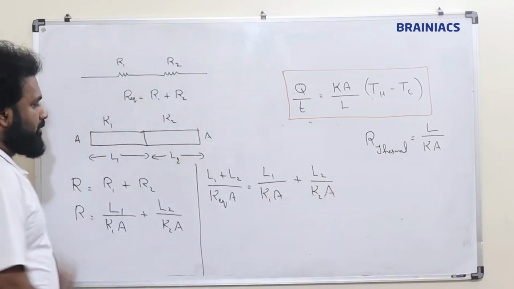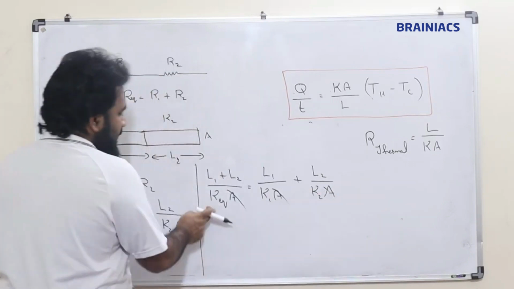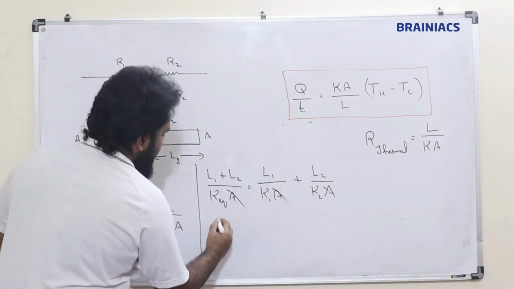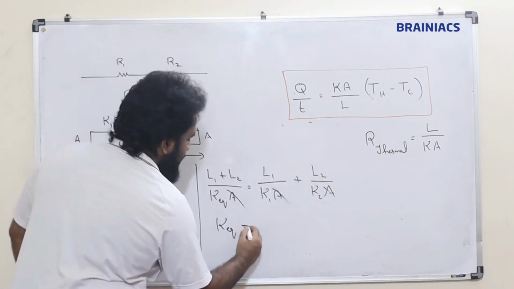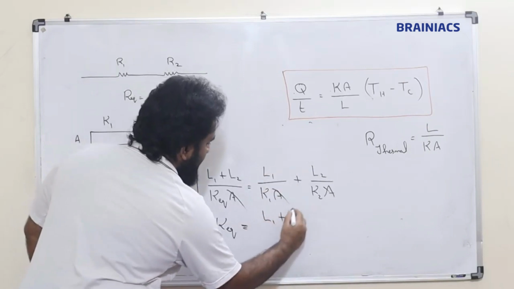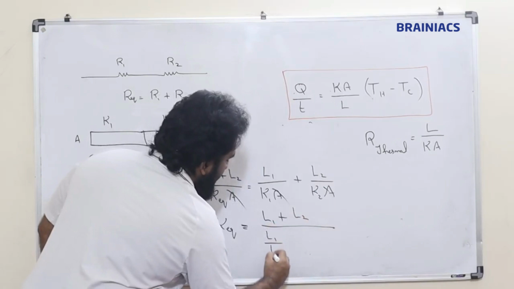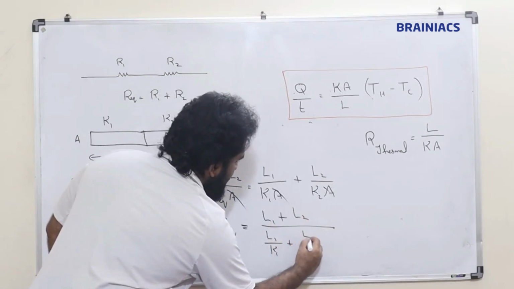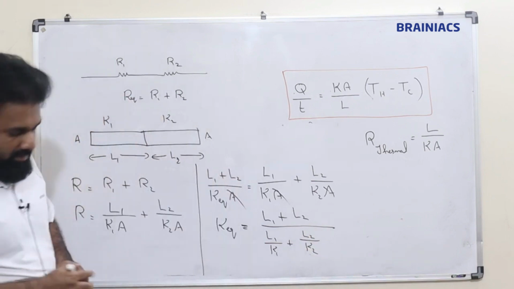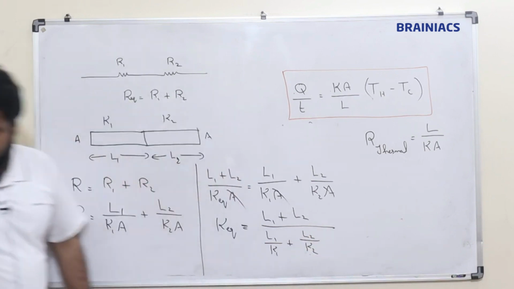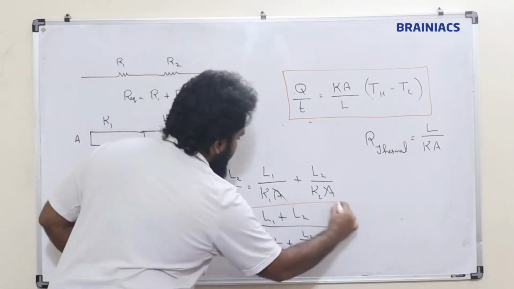Correct? So from this A can be cancelled off. If I bring K equivalent here, it is going to be L1 plus L2 divided by L1 by K1 plus L2 by K2. So this is the equivalent thermal conductivity.